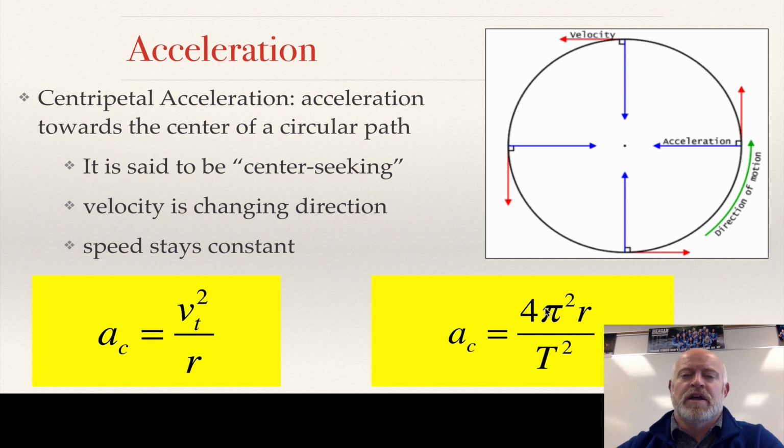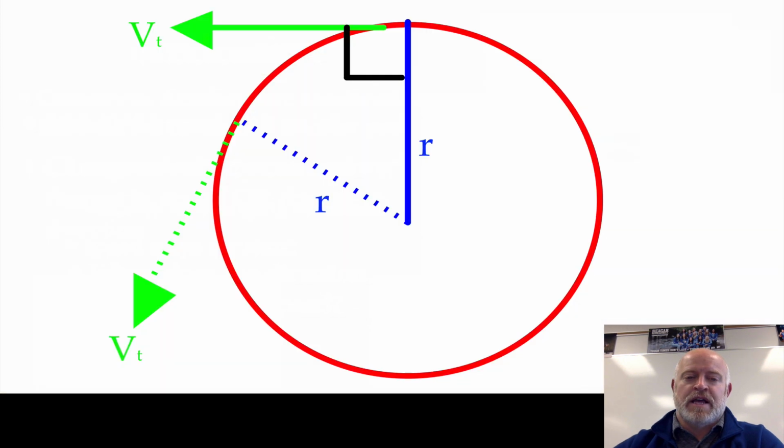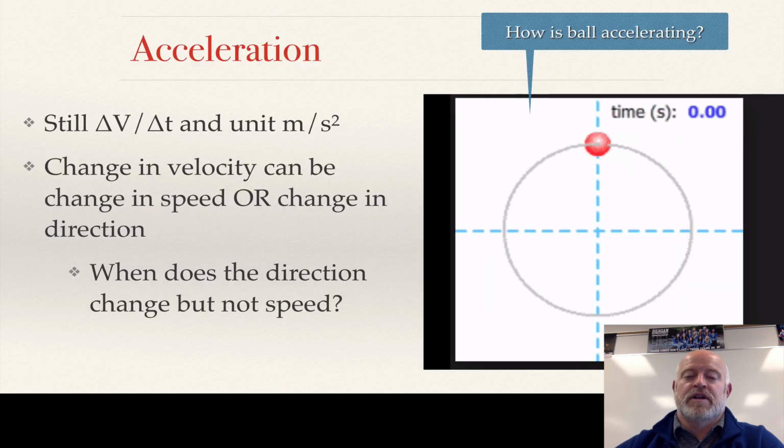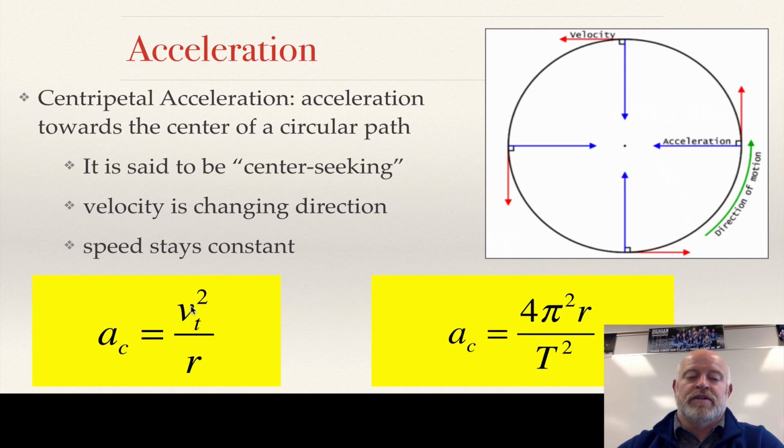But if we go back a couple of slides and look at the equation for tangential velocity, remember that was 2 pi r over T, okay? So if we take this equation for tangential velocity and plug it in here, 2 pi r over T, squared, we end up getting 2 squared, which is 4, pi squared, T squared, all times r. Okay, so we finally get r in the right spot, right?